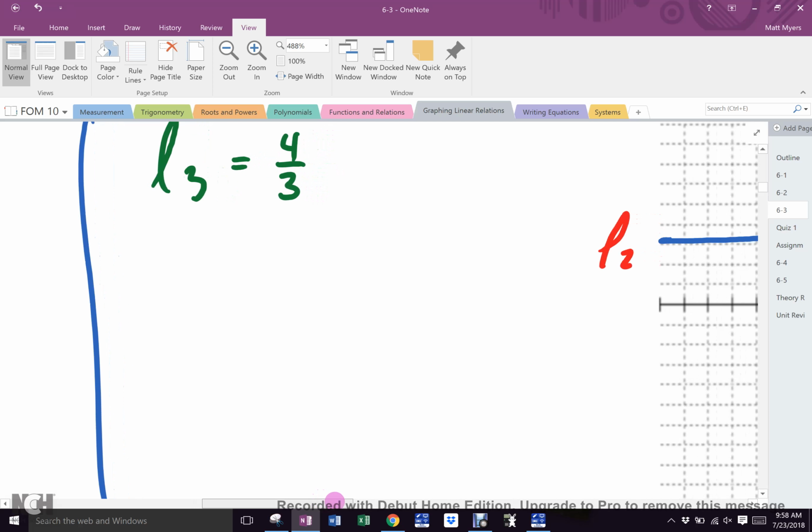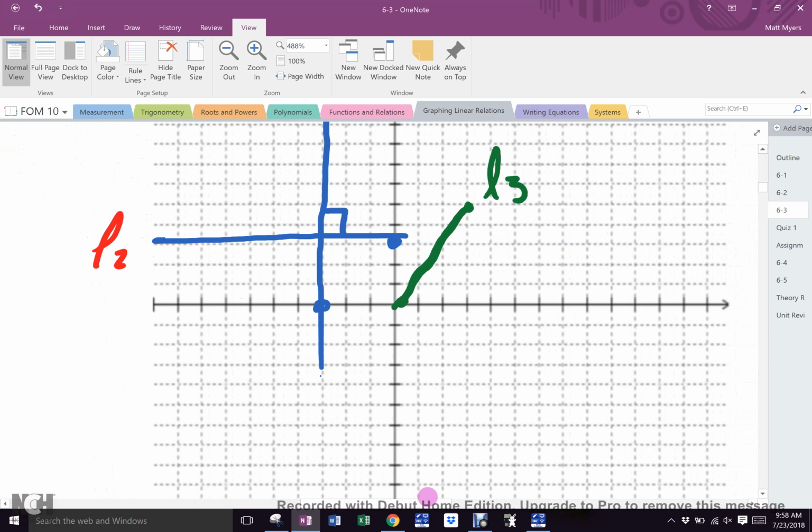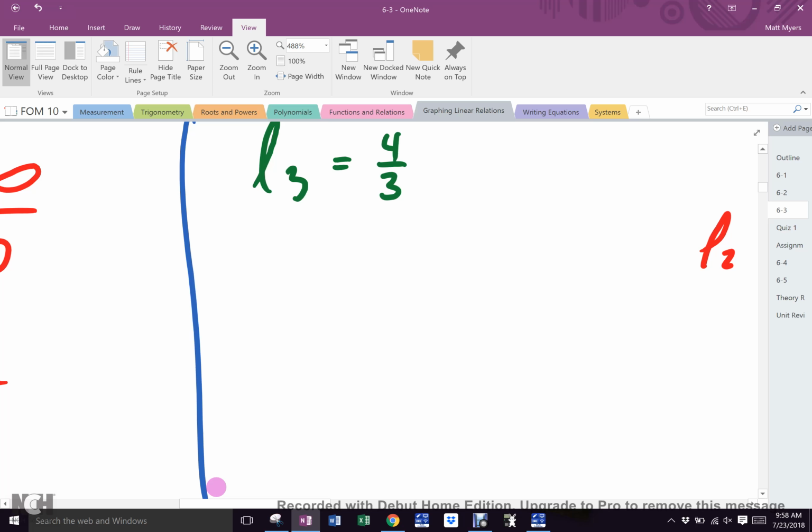Now, if a line were to be perpendicular to this, we already know that line 4, if it is perpendicular, what is going to happen to the fraction? It's going to flip, to 3/4.